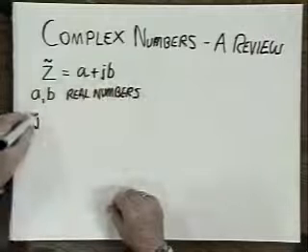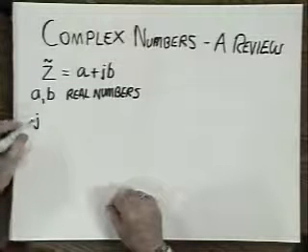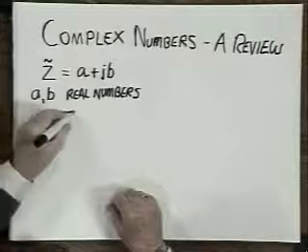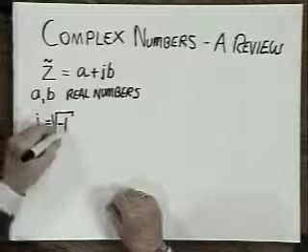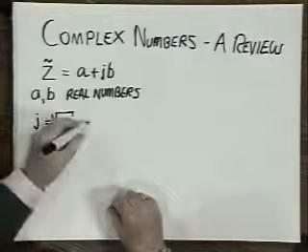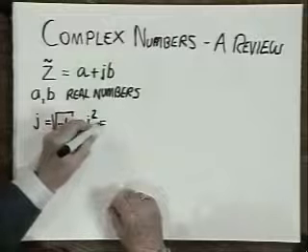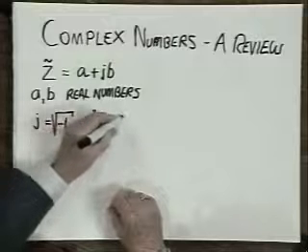J, which is the basis of the complex number system, is defined as the square root of -1, or equivalently, J squared equals -1.